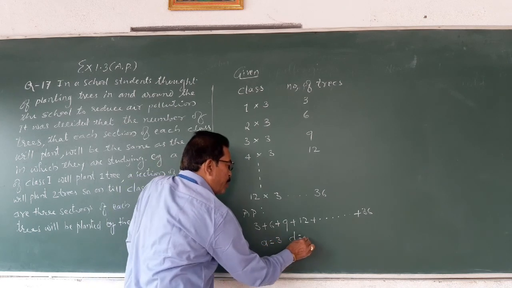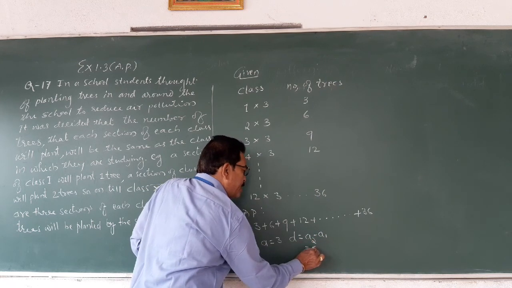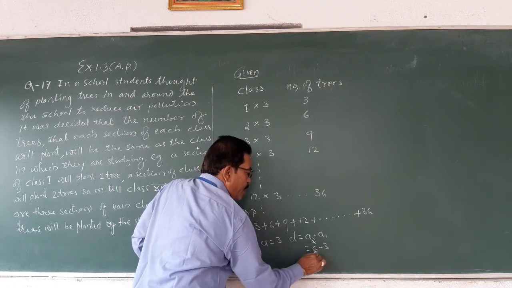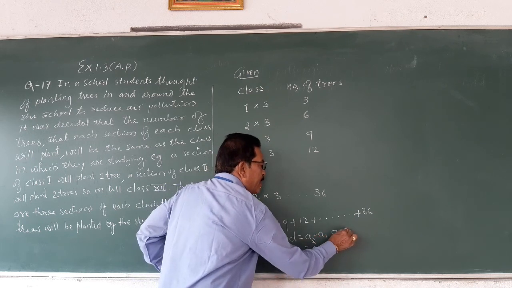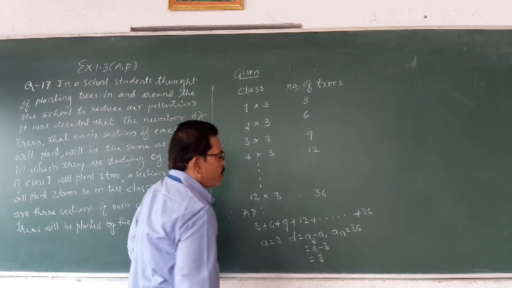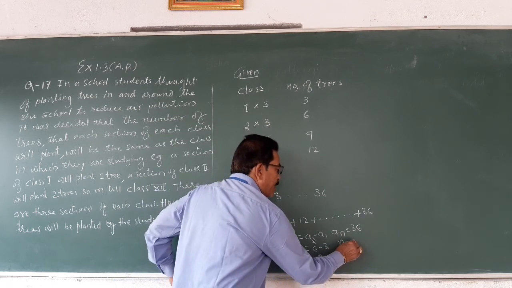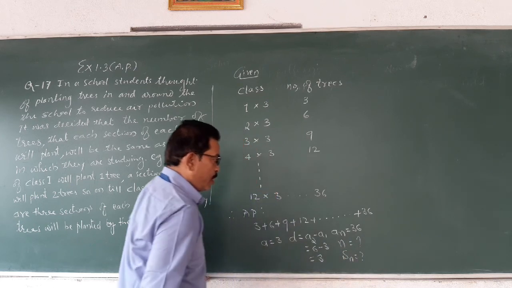D equals A2 minus A1, that is 6 minus 3, which equals 3. Then An is given, that is 36. We have to find n and Sn. n equals question mark, Sn equals question mark.